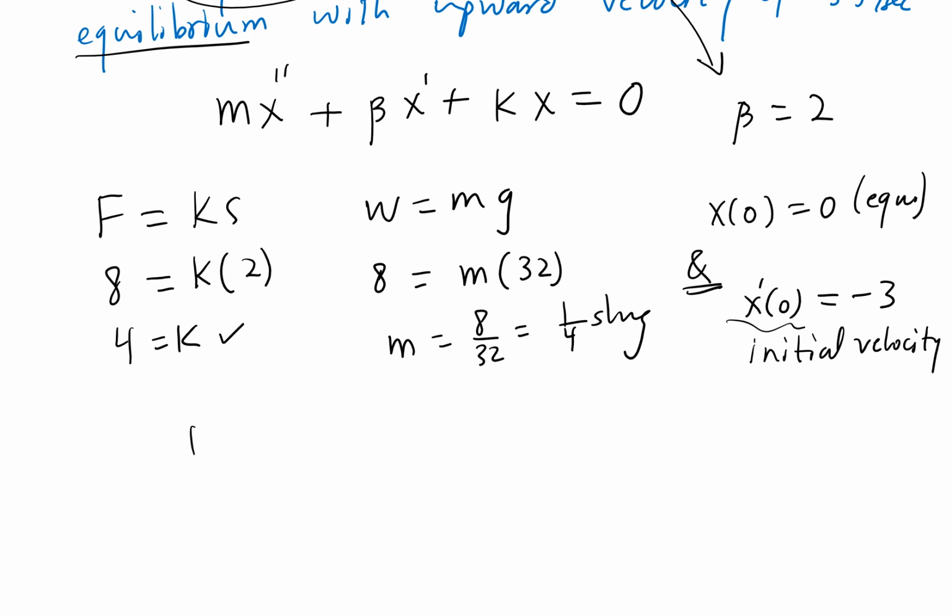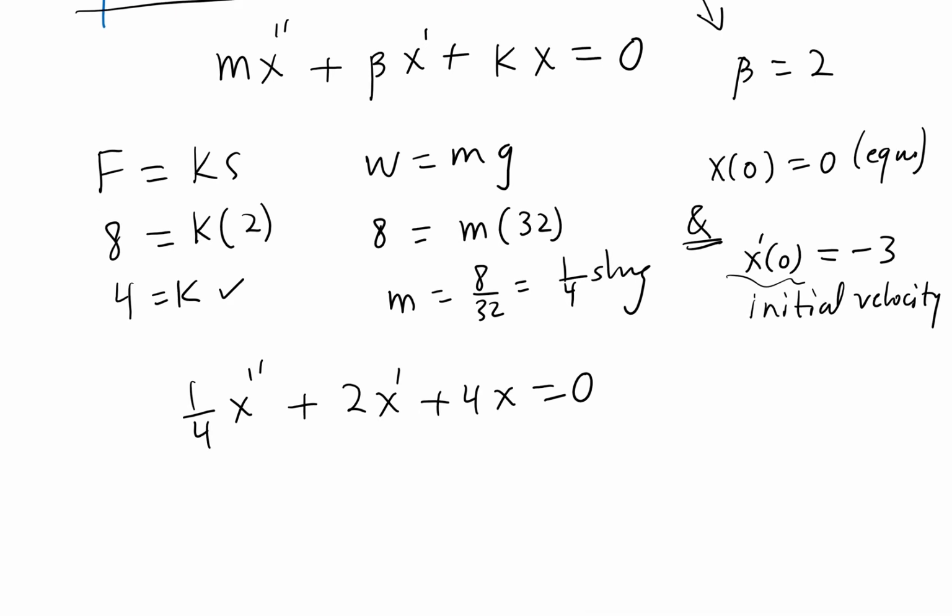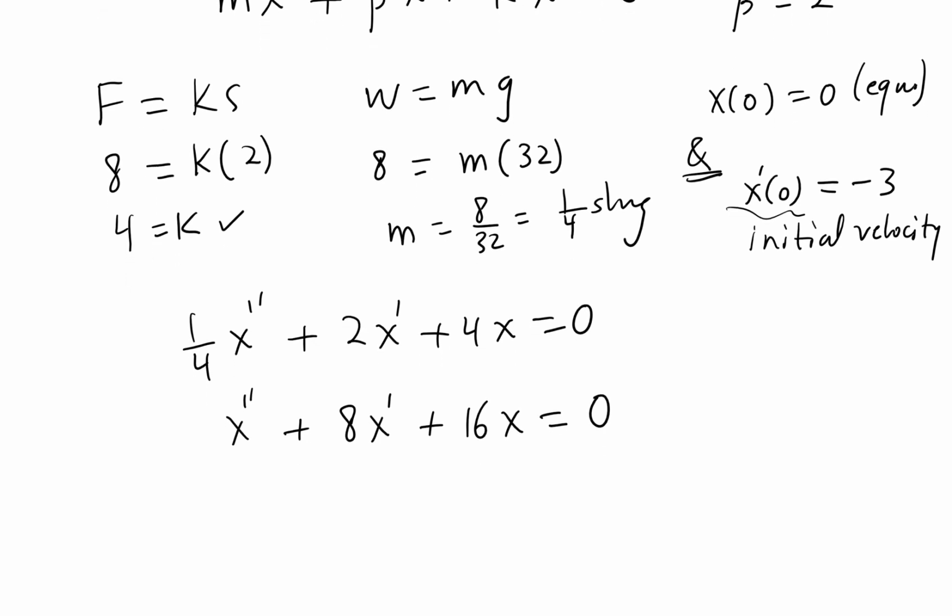So m is 1/4, so 1/4 x double prime, beta is 2x prime, and k is 4x equals 0. Multiply everything by 4, so x double prime plus 8x prime plus 16x equals 0.